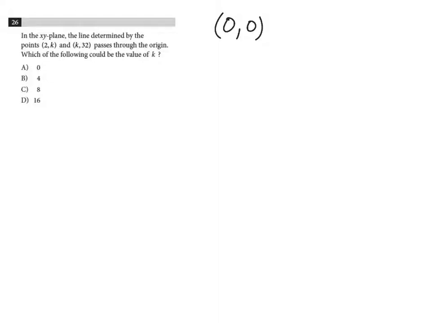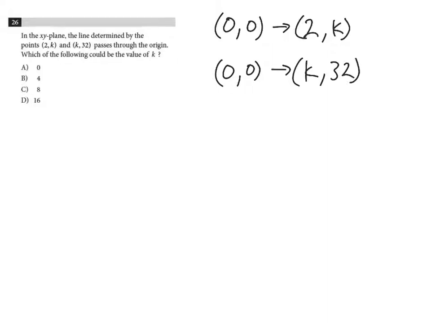So the slope between (0, 0) and (2, k) must be the same as the slope between (0, 0) and (k, 32). Okay, so we'll just set this up. I'm going to do the slope between these two points.